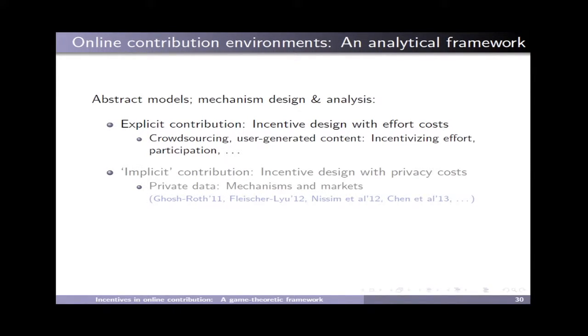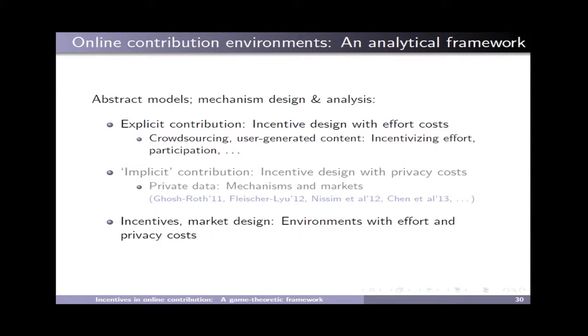And this is something we didn't talk about at all, but is also getting to be a fairly popular area of research. One area that really hasn't been looked at much at all: you can think about explicit contribution as environments with effort costs, where what's really costly is for me to produce the contribution.